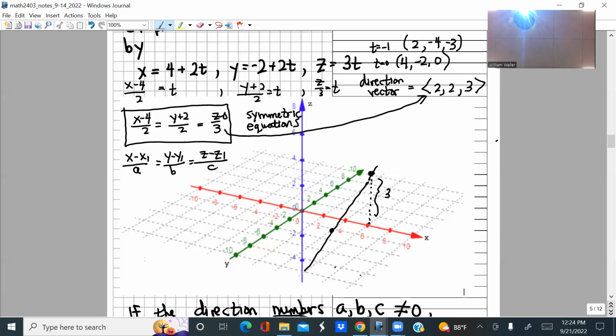That's in general what the symmetric equations for a line look like, where a, b, and c are the direction vector, and x1, y1, and z1 are a point.